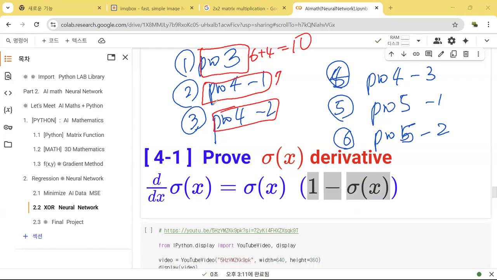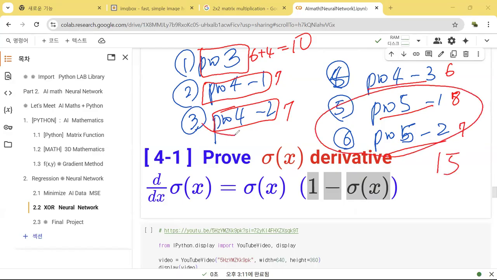Problem 4.2 is a kind of what-if question about the shape of the function. This one is now 6, and this one is what? I forgot. It may be 8, or this may be 7. So anyway, the total of problem 5 is 15. The total of problem 4 is 20.